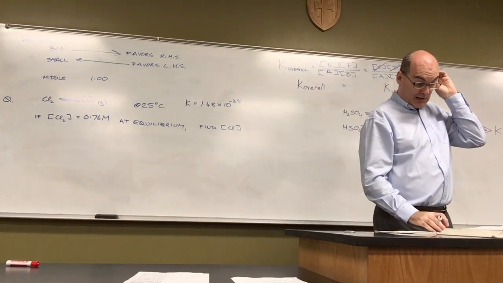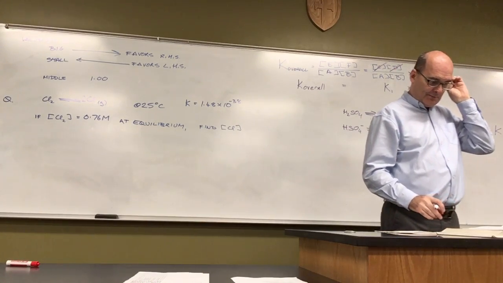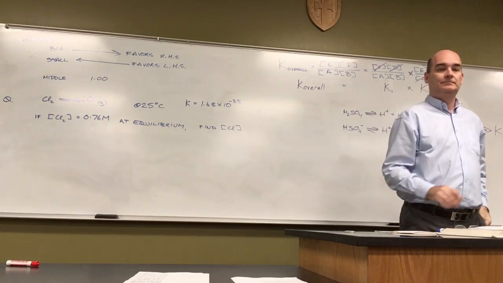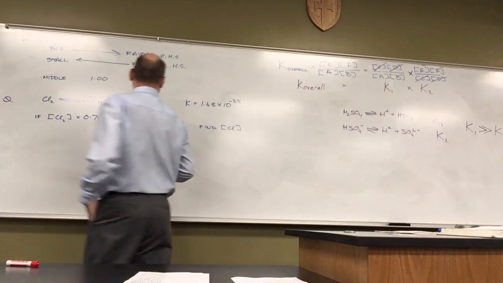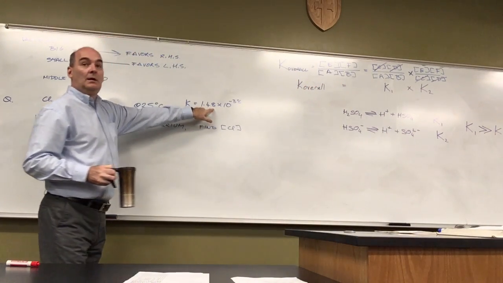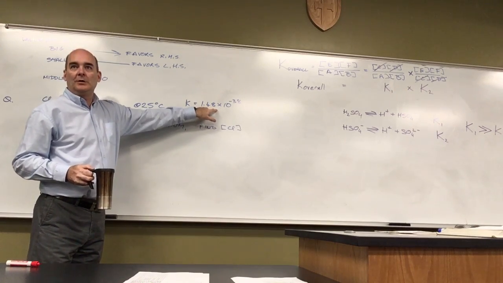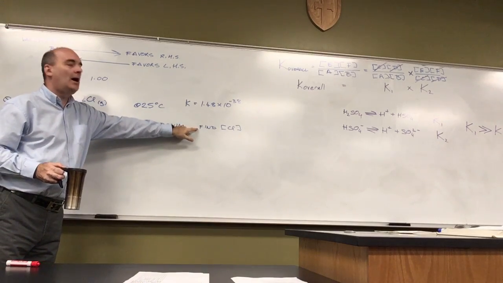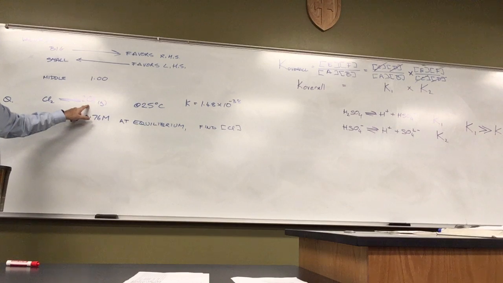Okay, are we expecting this number to be a big number or a small number? This is a very, very small equilibrium constant. The thing that it's asking me to find is the concentration of product.